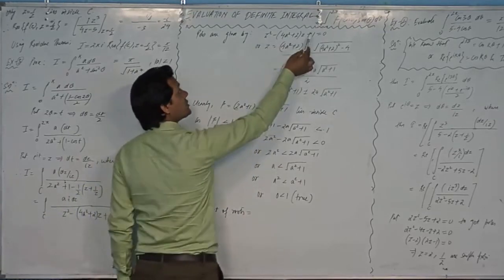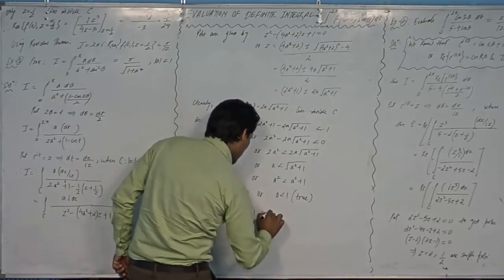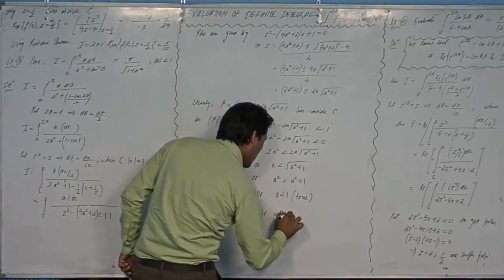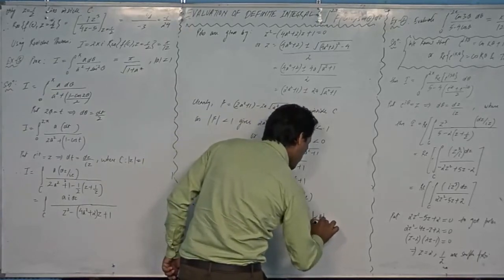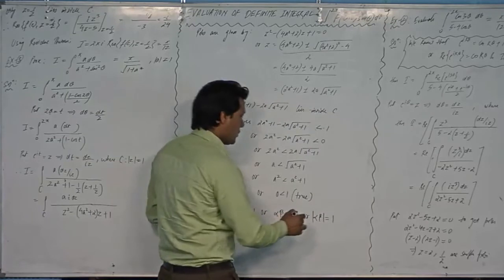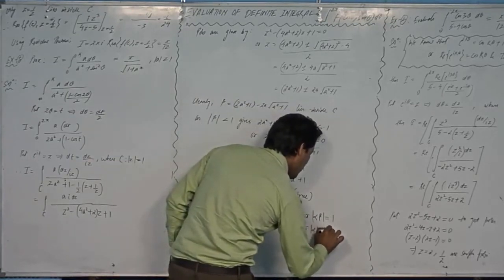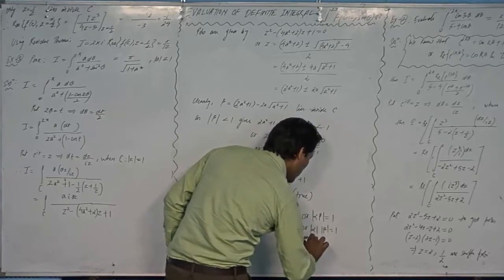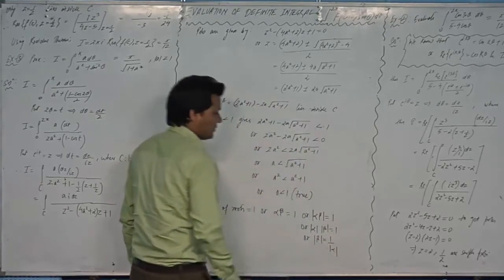From the quadratic equation, c upon a will be equal to 1, that is, alpha beta equals 1. If I apply modulus, mod of alpha beta equals 1, or mod alpha times mod beta equals 1, or mod alpha equals 1 over mod beta.